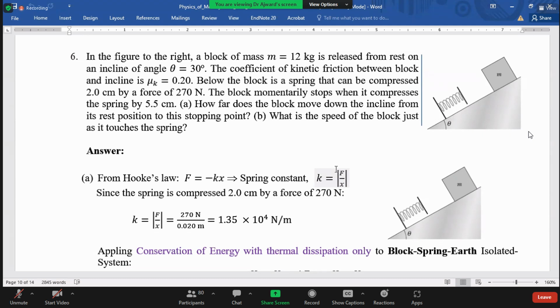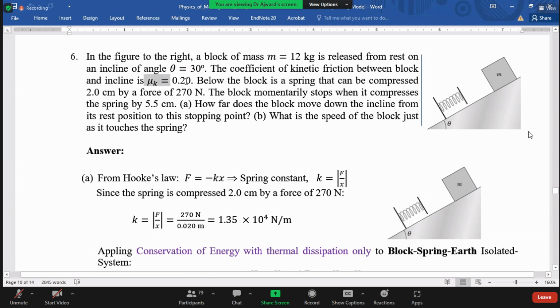So we did this tutorial class before, but this is kind of a revision. The mass is given, a 12 kilogram block, which is released from rest on an incline of angle theta equal 30 degrees. There is some friction between the block and the inclined surface.